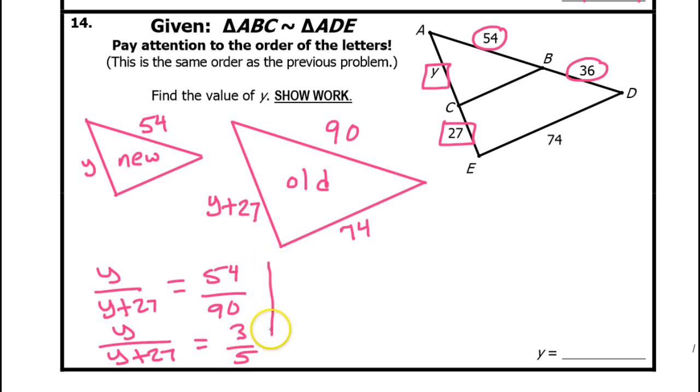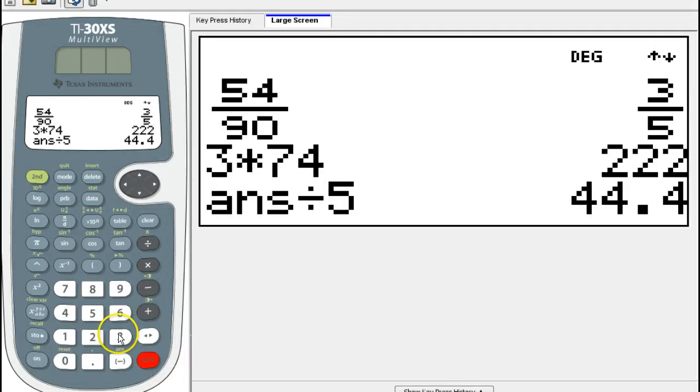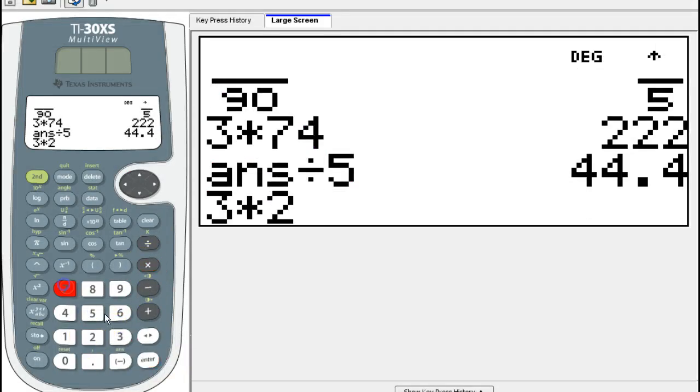So when we cross multiply, on this diagonal I will have 5y. On this diagonal I'm doing 3 times y plus 27. So that'll give me 5y is equal to 3y plus, okay, I'm distributing, so that's 81.